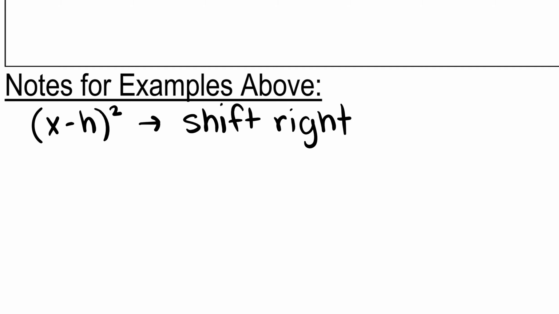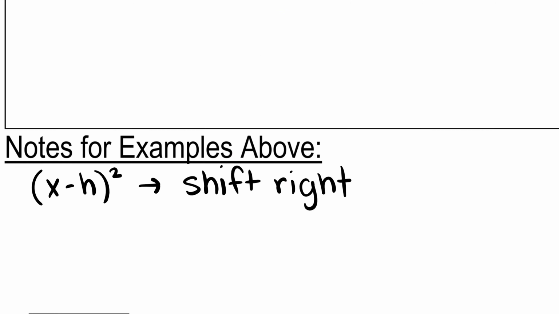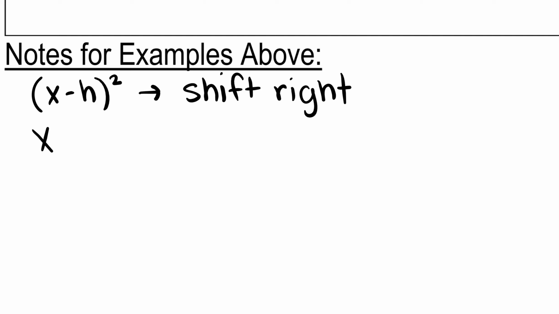So if you need to write all this down, you can. If you already know this stuff, great. My other one on this one was plus k. So if I had some x squared and then afterwards plus k, a plus k just means shift up. So if you want to, we can go ahead and write these now.